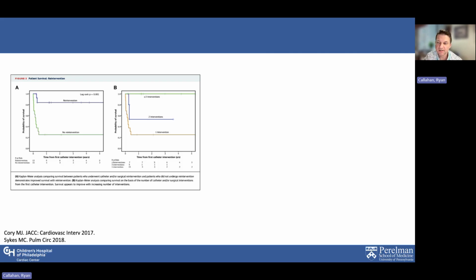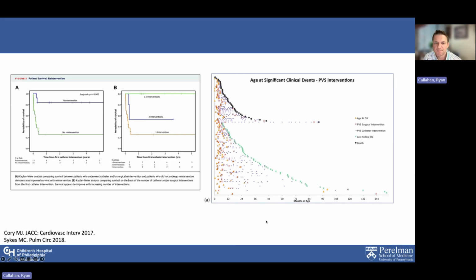But if you can stay ahead of it and you continue to provide reinterventions on the veins, they have a better chance of surviving. And this interesting graph is from an older cohort of PVS patients, but it shows in the top panel all the patients who died and all the patients that survived. And all the marks underneath the curves are interventions such as surgeries or caths.